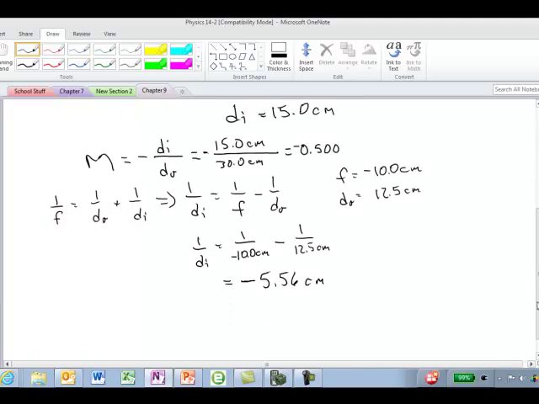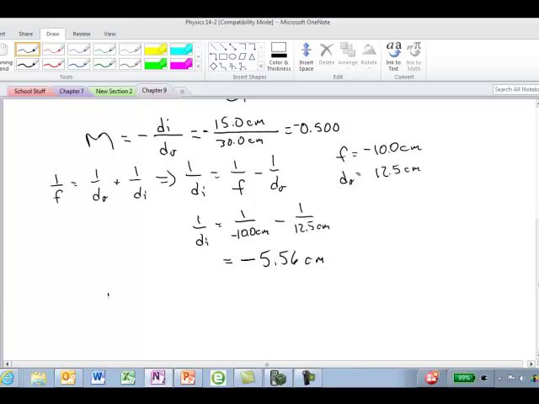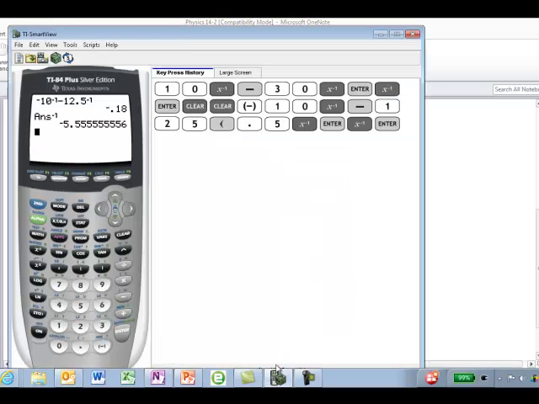All right, and now we can again use our magnification. It's minus dI over dO, which would be minus negative 5.56 divided by 12.5 centimeters. I am going to use my calculator for that one, so I'll bring that up again.